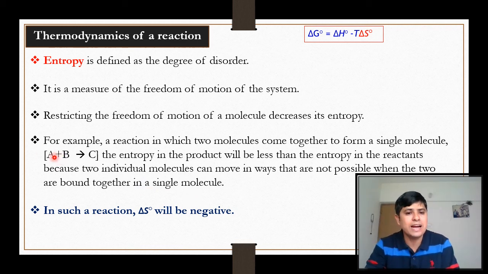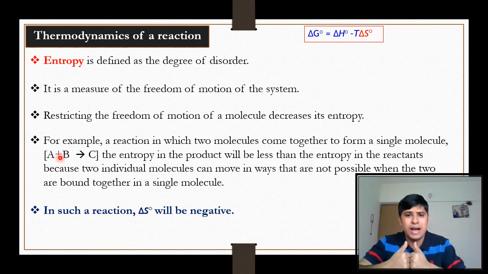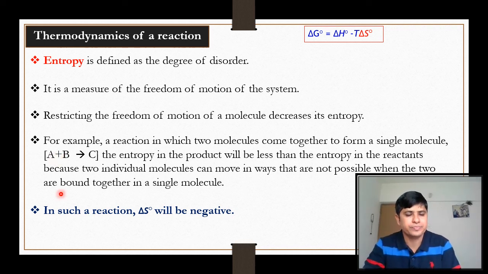In the reactant these two molecules can go anywhere, as they are two, but they will combine to form a single molecule that will have restriction in moving as compared to the reactant.